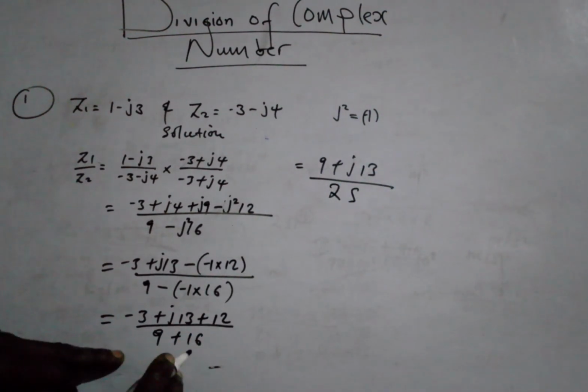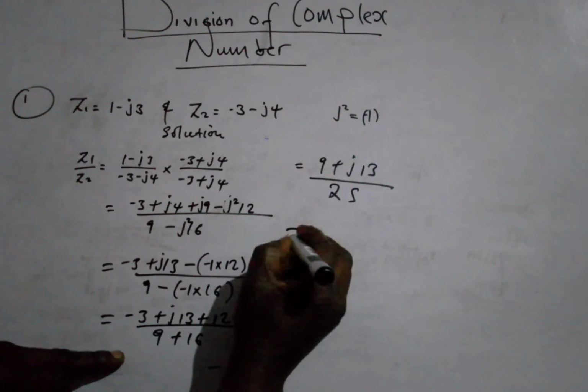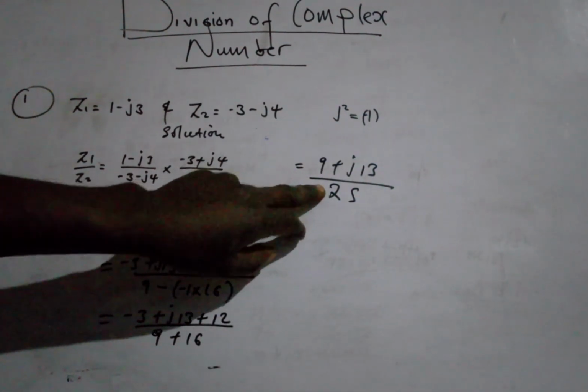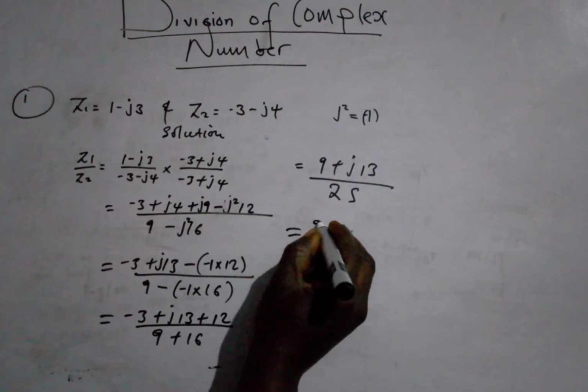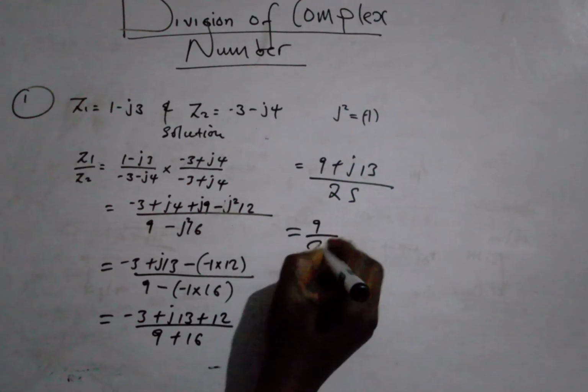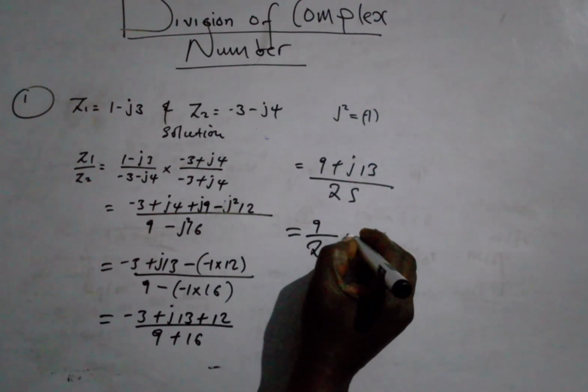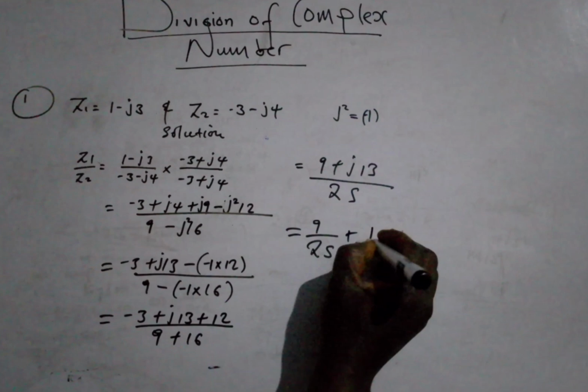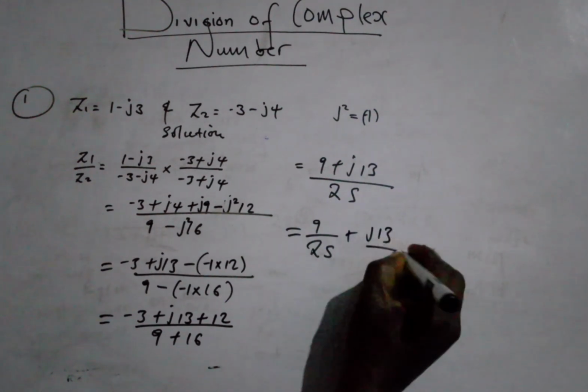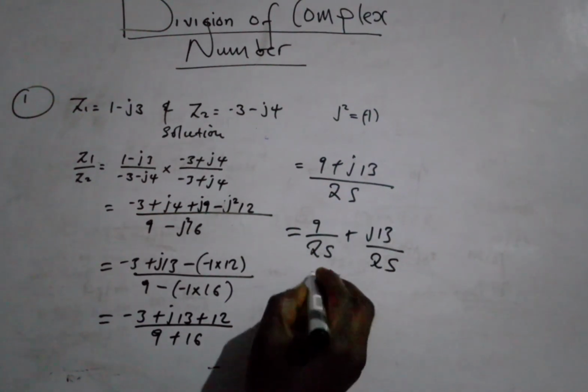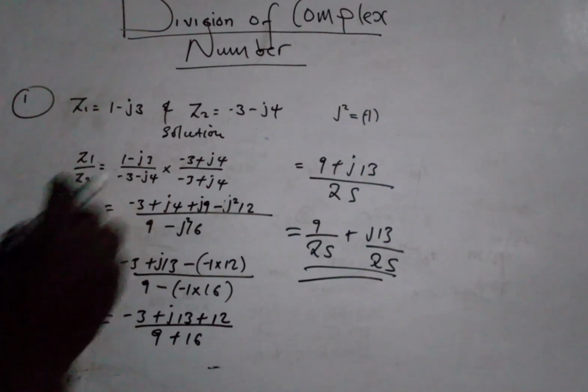This one, 9 plus 16, is 25. We can split these values into fractions, which is 9 over 25 plus i18 over 25. This is our answer for this question.